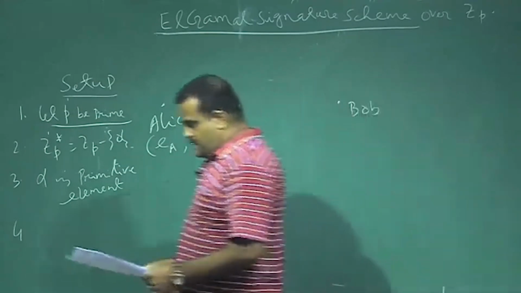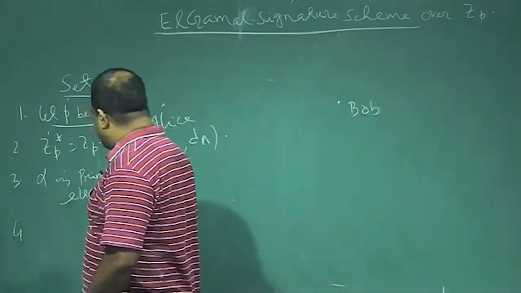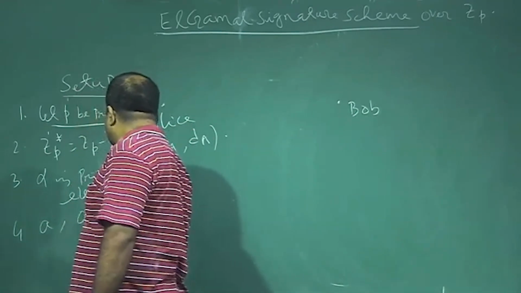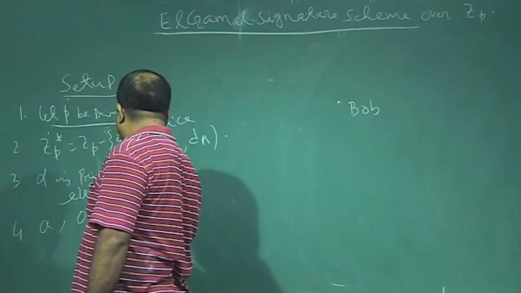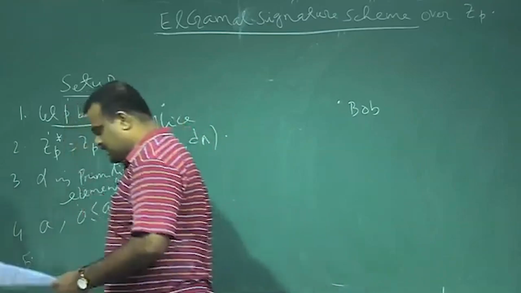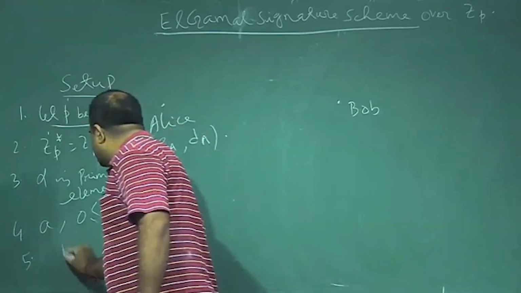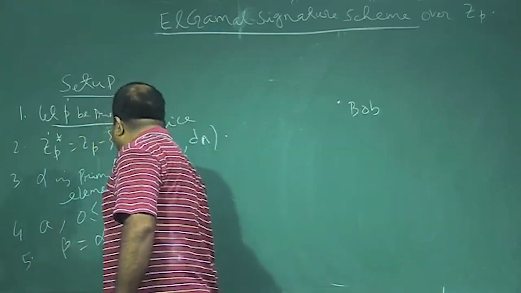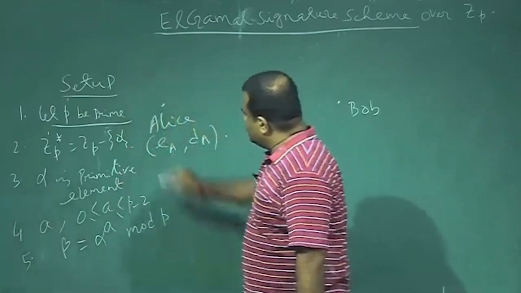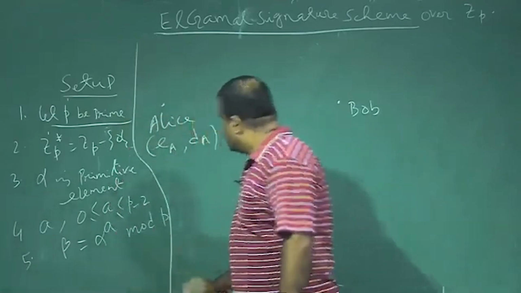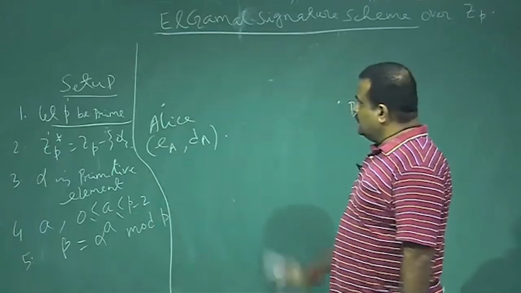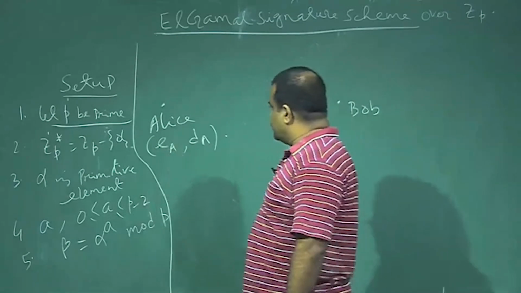So, Alice will choose a such that 0 is less than a, which is less than or equal to p minus 2, and then Alice will compute beta, where beta is equal to alpha to the power a mod p. This is the key generation step. Once it is done, the setup phase is ready, so key generation is done.